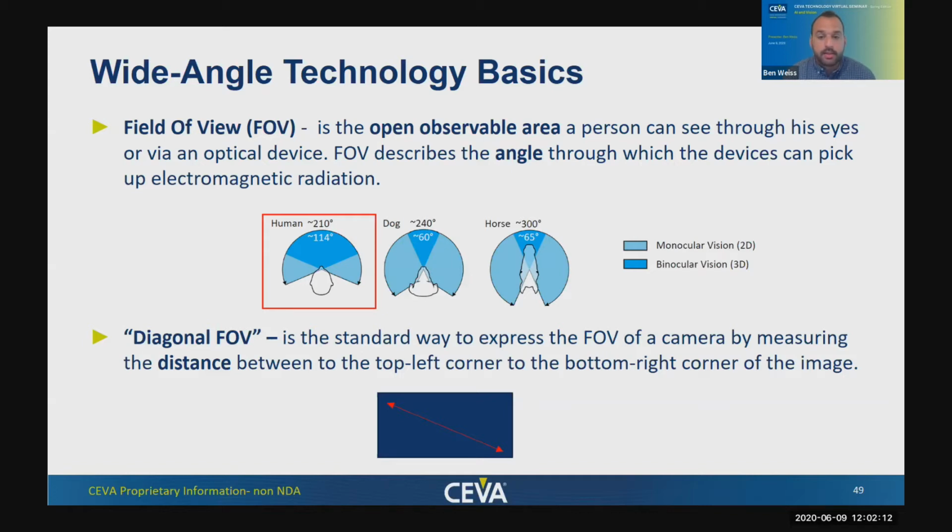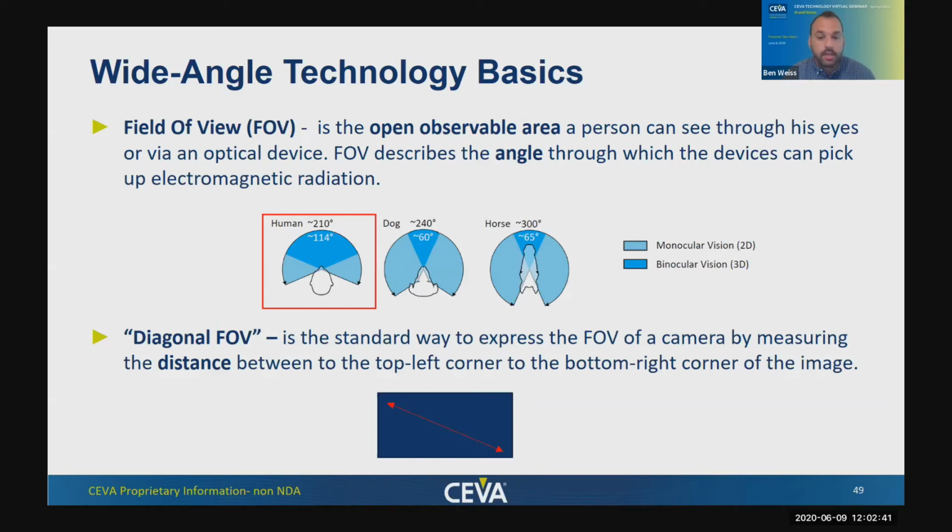For example, the human visual system can collect three-dimensional data using two eyes with an FOV of 114 degrees. Two-dimensional data can be collected using only one of the eyes and enables a wider FOV of 210 degrees. This way, we can spot objects or people located slightly behind us.